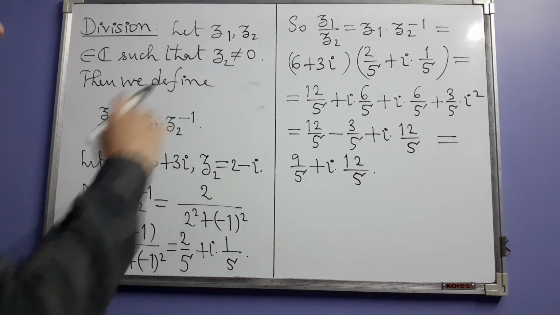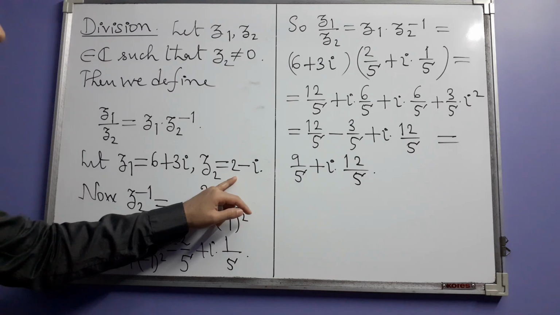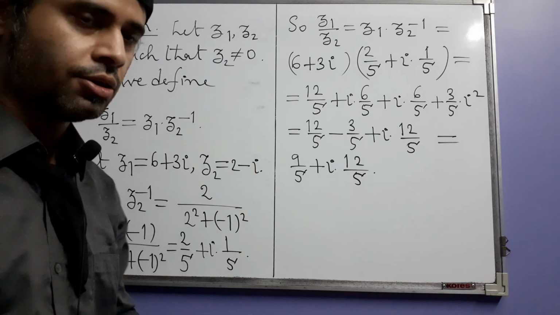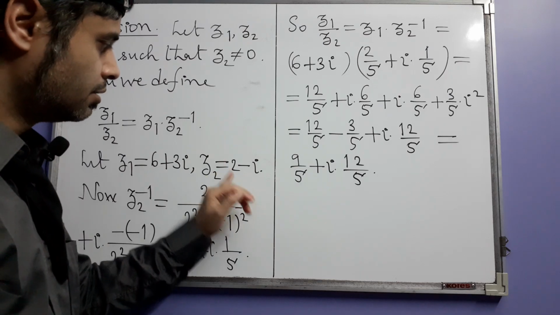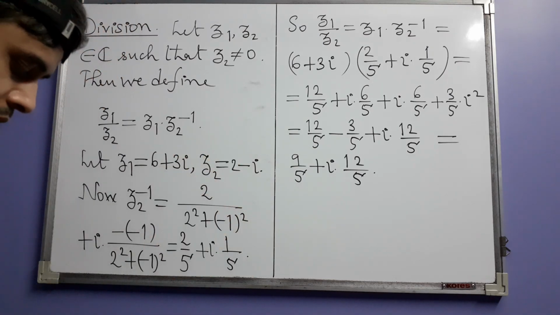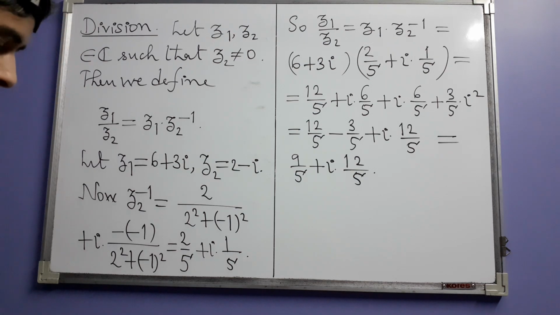So that is Z1 divided by Z2 for this Z1 and this Z2. Note that this has been possible because Z2 is not equal to 0. The 0 complex number has both its real part and imaginary part equal to 0. Now let me check if I calculated it correctly. Yes, 9 over 5 plus i times 12 over 5.